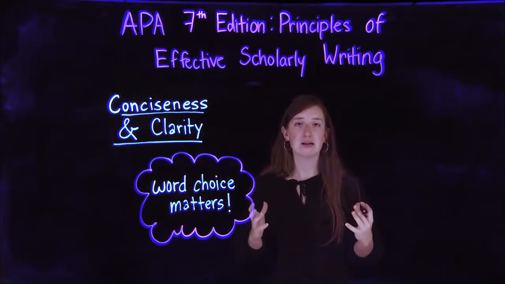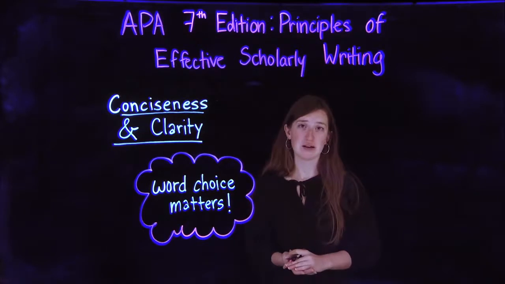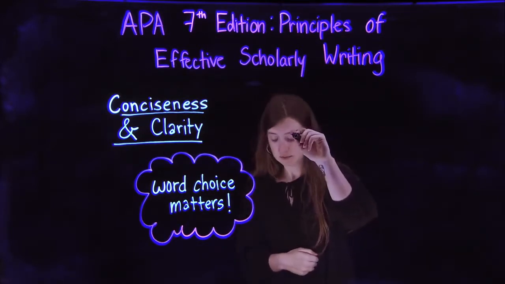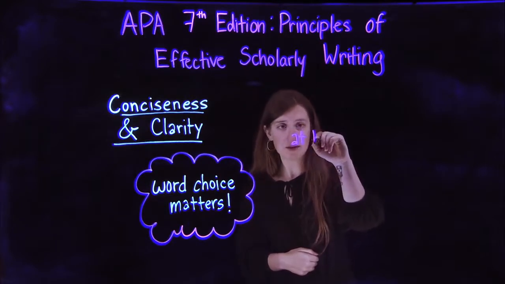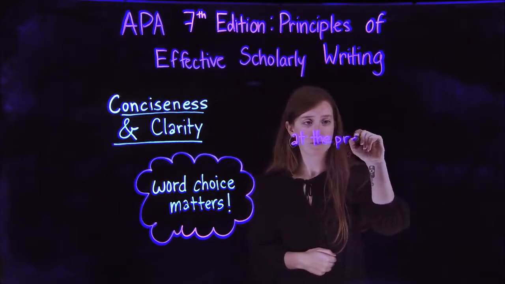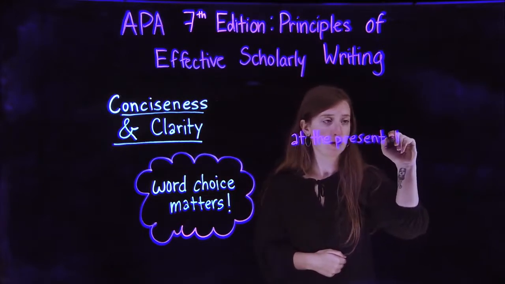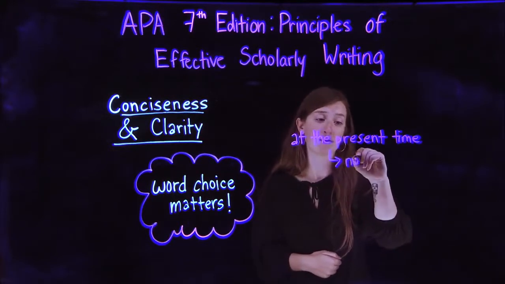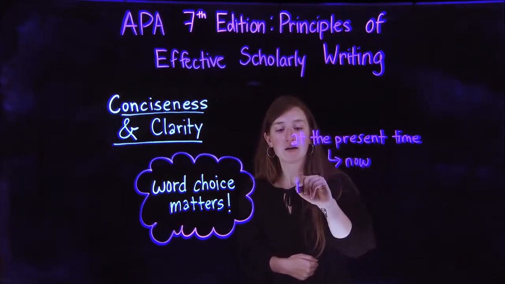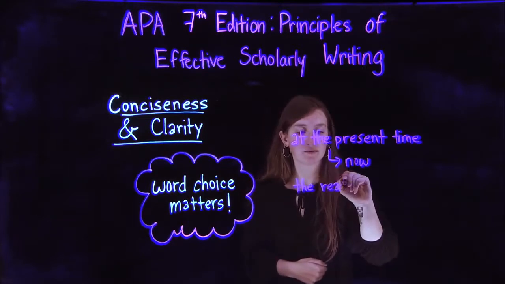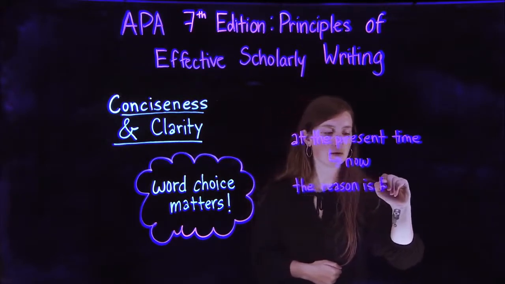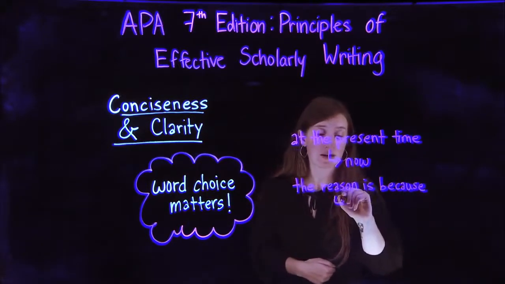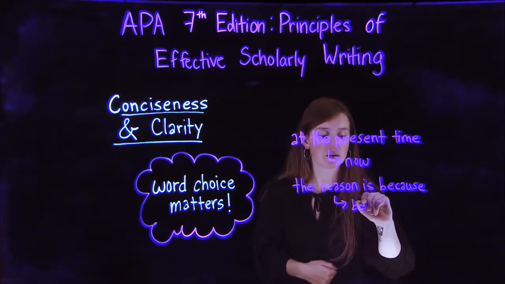And then one of the biggest things is avoiding repetition and redundancy. So for instance, instead of saying, at the present time, a much more concise as well as a clear way of saying that would just be now, okay? Instead of saying the reason is because, it would be much more concise and much clearer to just say because.